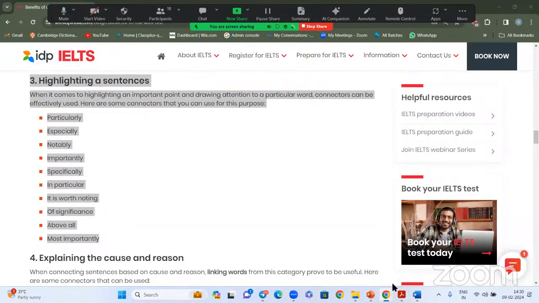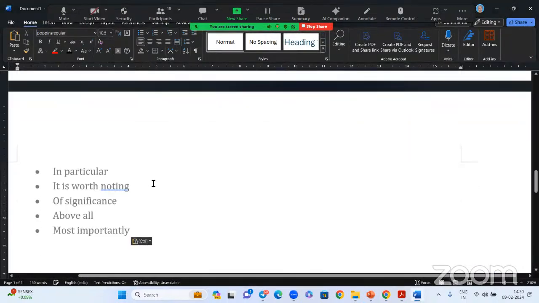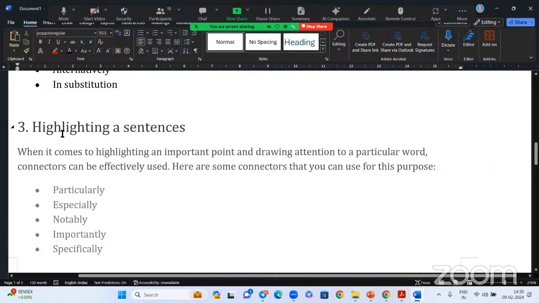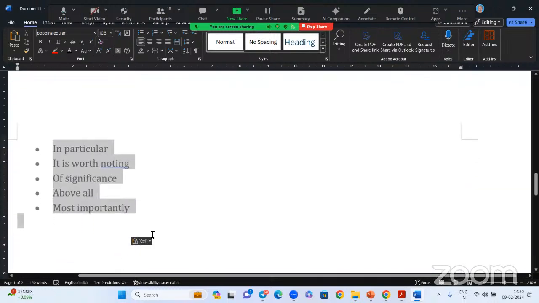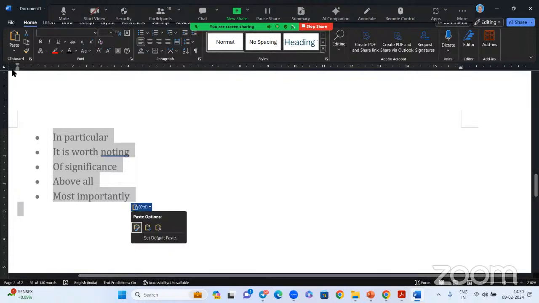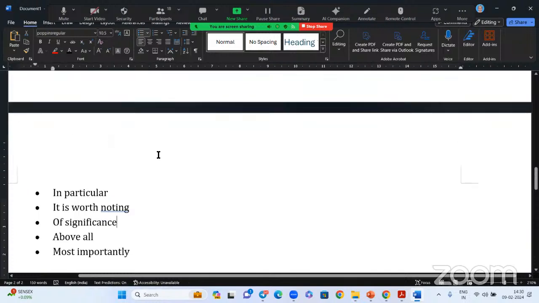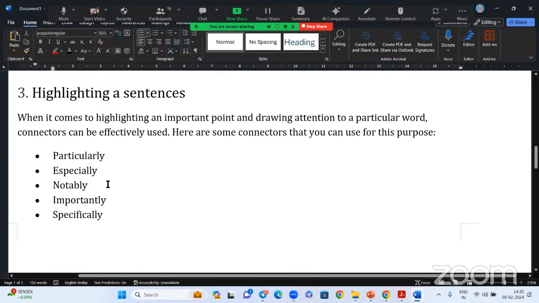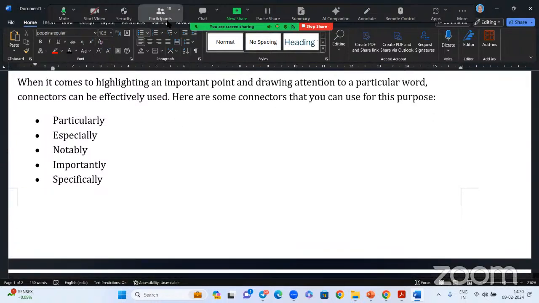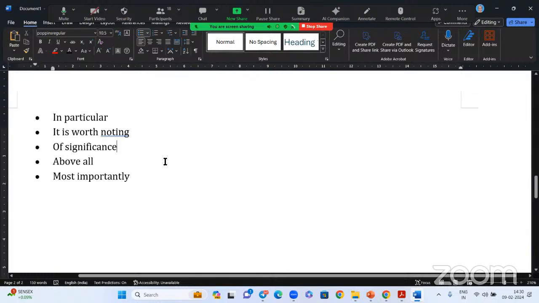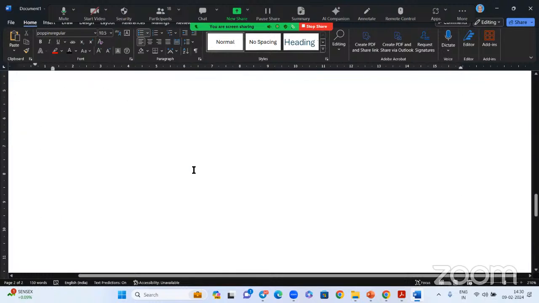Now, highlighting a sentence: you have to take medications regularly, particularly the diabetes medication. Or specifically, particularly, most importantly, especially, notably. We need not write everything, but we'll write one particular thing.